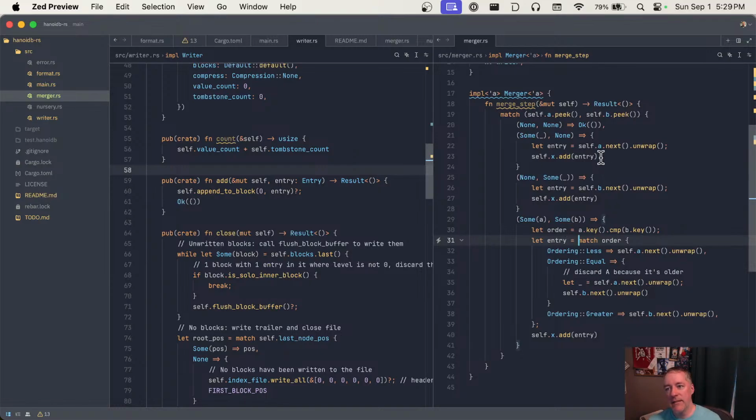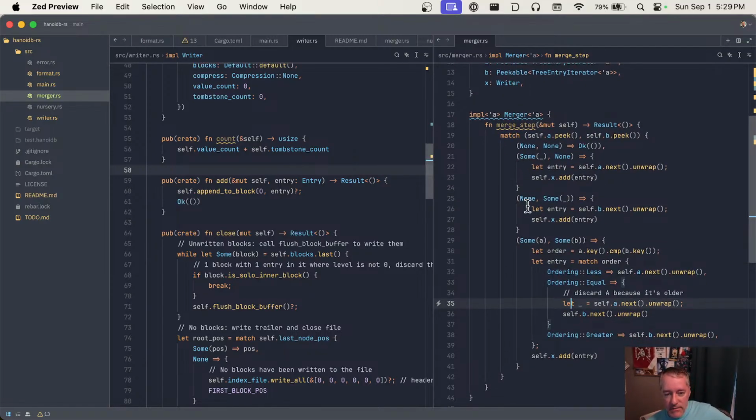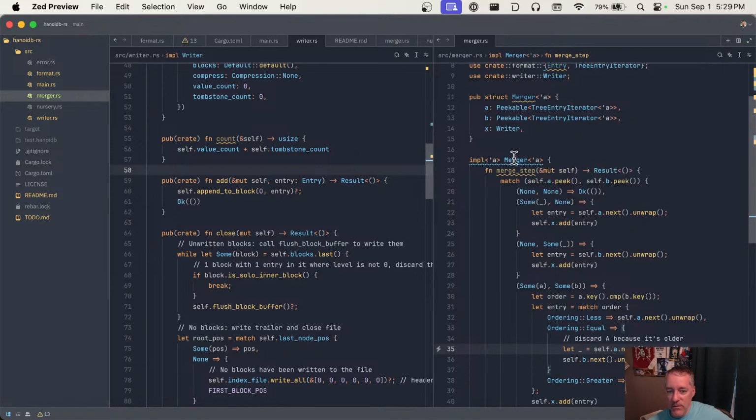Right, and I think that's a good place to stop today. We are going to have to do the rest of this, but we kind of have a little micro view of what we should be doing to merge two files together, which is we iterate through all their entries, and then we do one step.